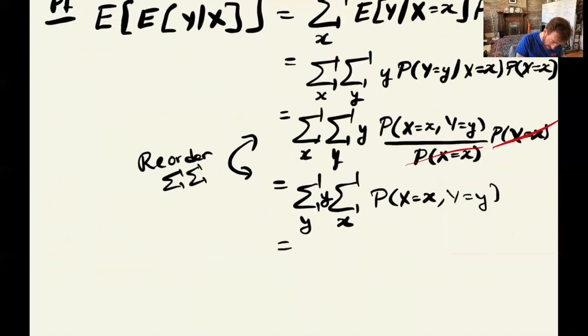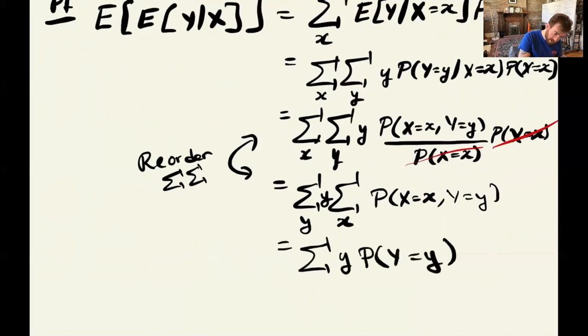But then this ends up giving me the value of the probability distribution for y, just by marginalization. That's this step right here.